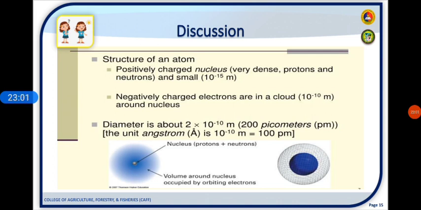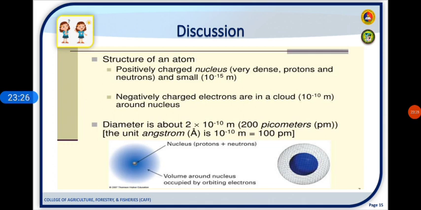If you recall from our discussion in general chemistry, a neutron is a subatomic particle that is neutrally charged, with no charge at all, while a proton is a subatomic particle that is positively charged.